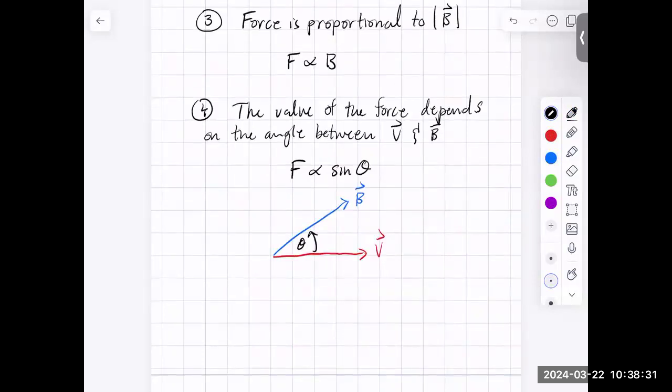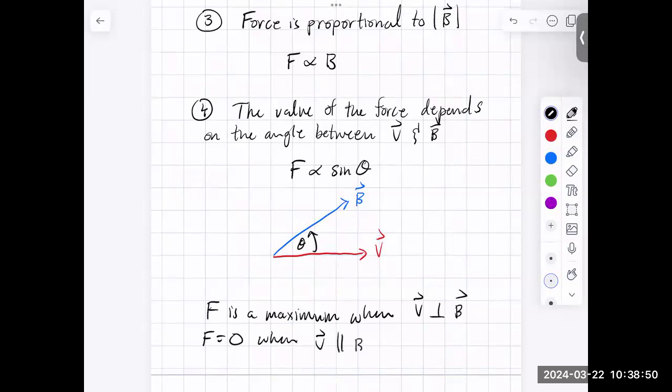So F is a maximum when V is perpendicular to B, and F is equal to 0 when V is parallel to B. So this would be theta is 90 degrees, and this would be theta is 0 degrees.